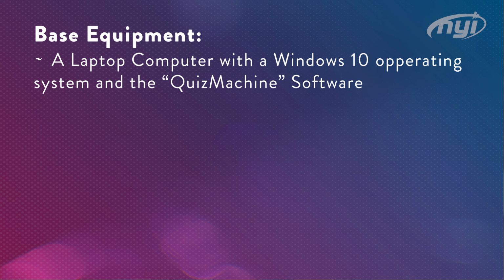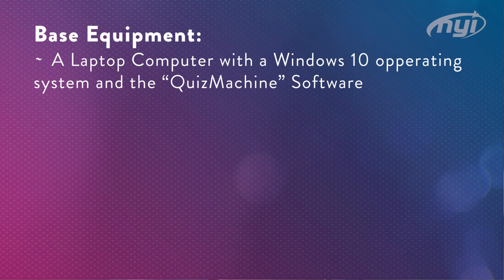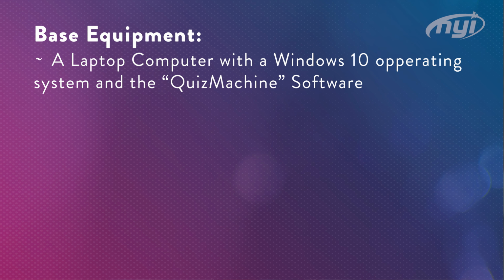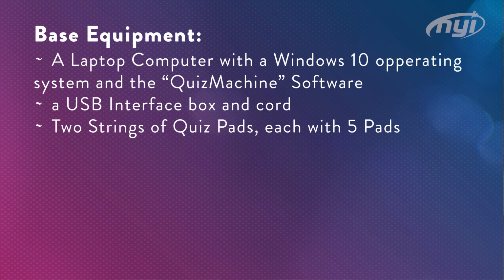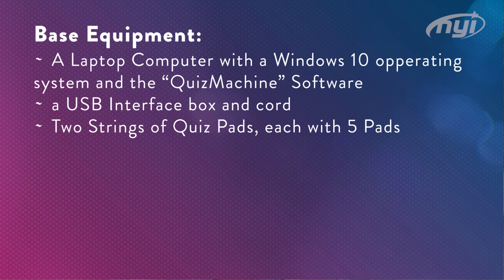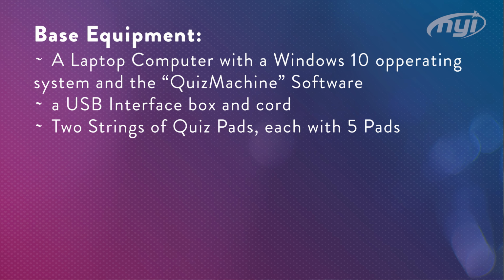The current technology standard for Nazarene Youth Quizzing is the Quiz Machine software and its accompanying hardware. The basic setup needed for a quiz round includes the following items: a laptop computer with a Windows 10 operating system and the Quiz Machine software, a USB interface box and cord, and 2 strings of quiz pads, each with 5 pads.